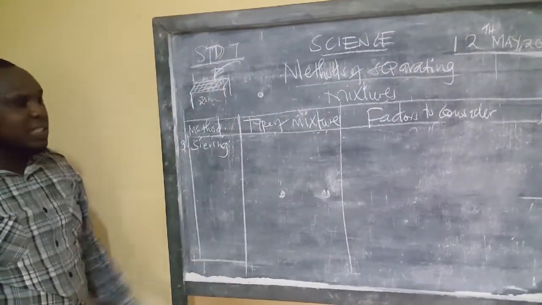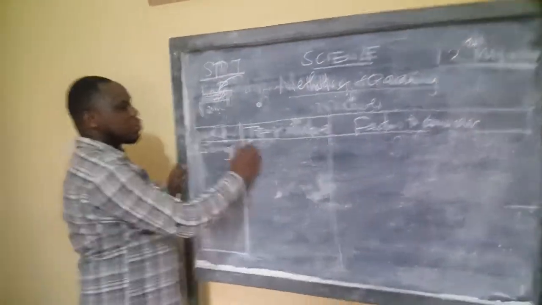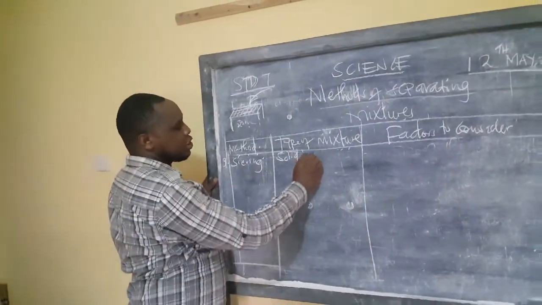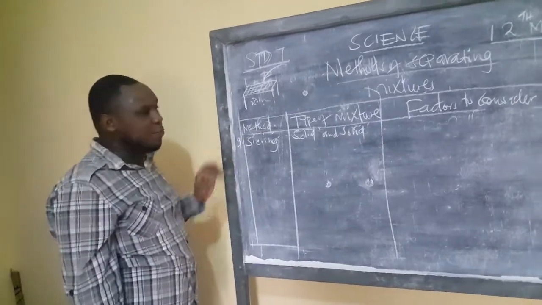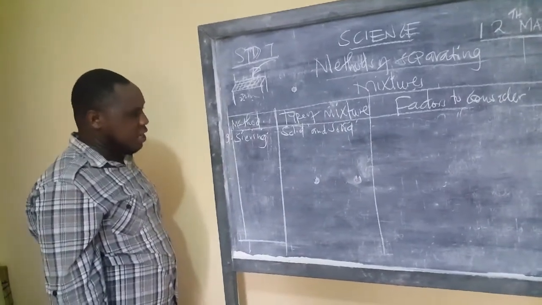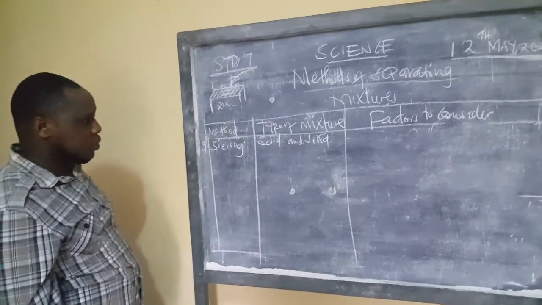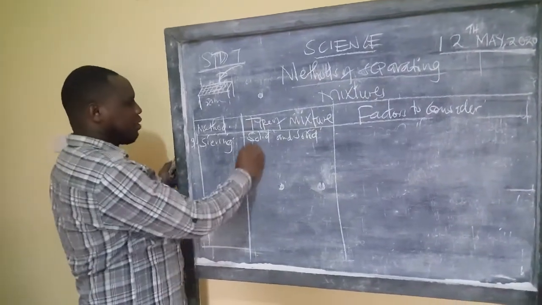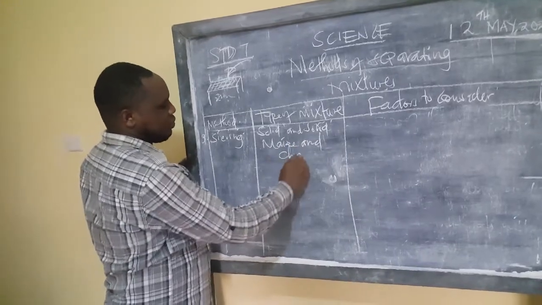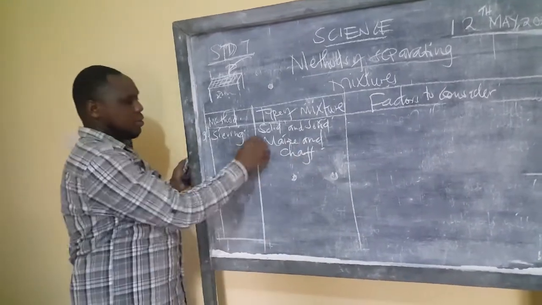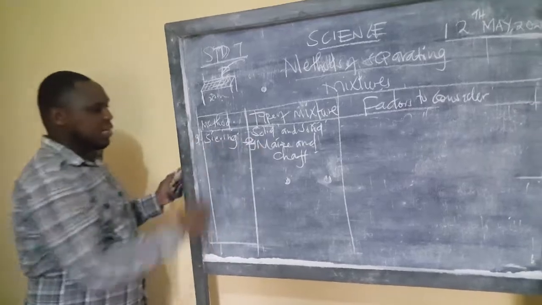So what type of mixture are we considering here? Should be a solid and solid mixture. And here we're going to give an example: maize and chaff.